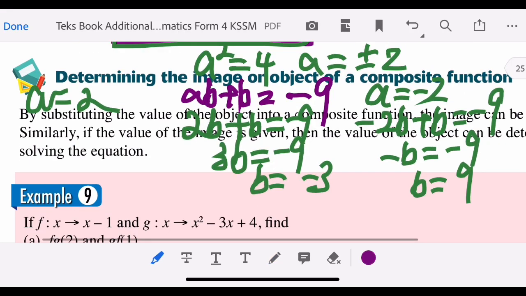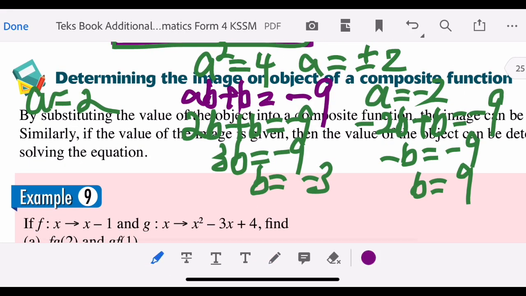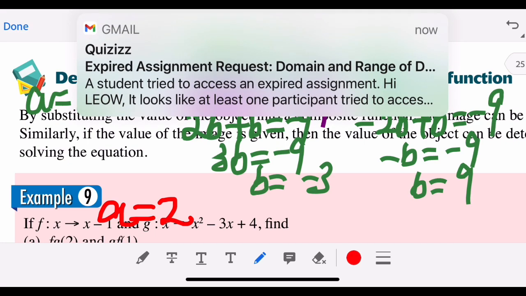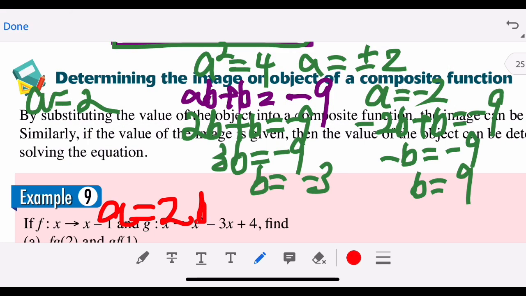So when we write in order, let's write like this. It depends on A. If A is positive 2, then B will be negative 3, right?